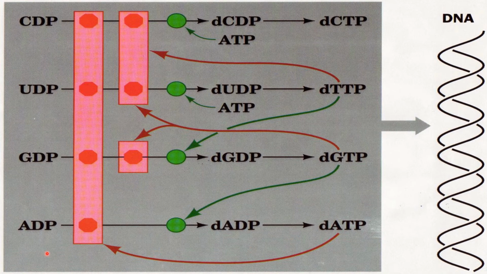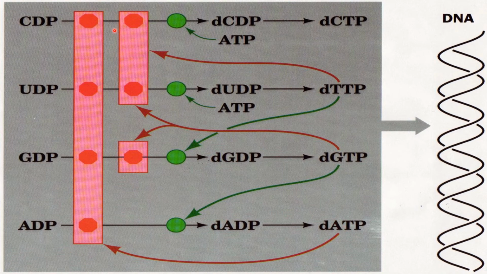Deoxy ATP, when it is formed, inhibits the synthesis of ADP to deoxy ADP, GDP to deoxy GDP, UDP to deoxy UDP, and CDP to deoxy CDP. So deoxy ATP inhibits the reduction of all the purine and pyrimidine ribonucleotides to deoxynucleotides. And GTP has a positive effect in the synthesis of ADP to deoxy ADP.